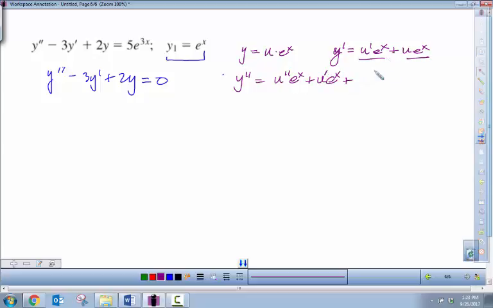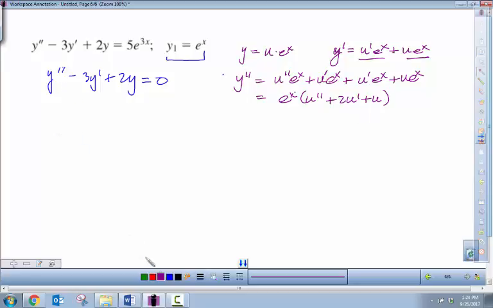The derivative of the second term is going to be u prime e to the x plus u e to the x. So it looks like, well, let me just not write e to the x so much here: u double prime plus 2u prime plus u.